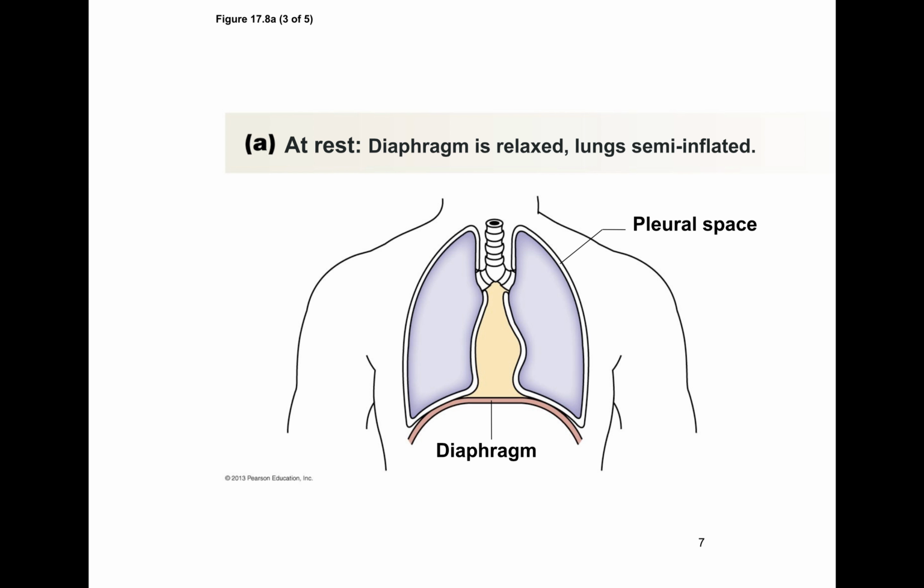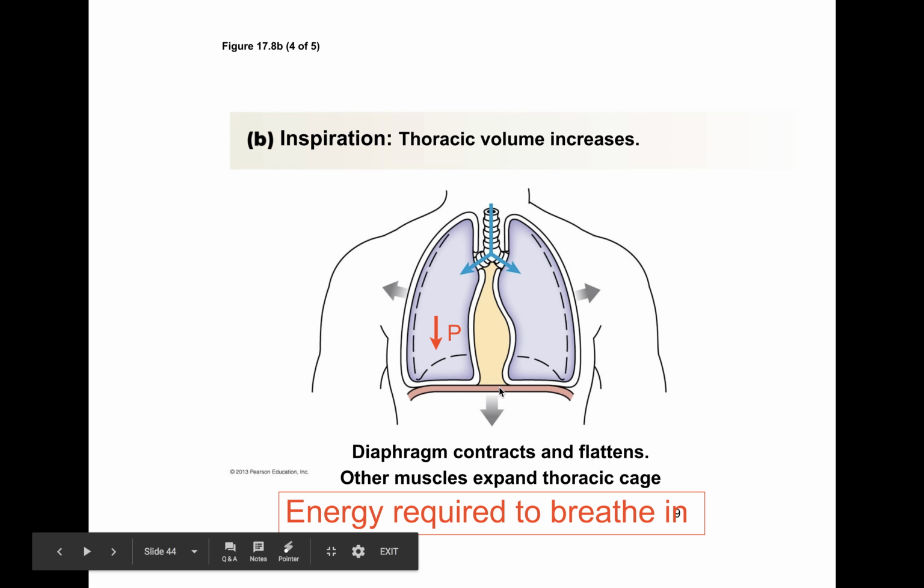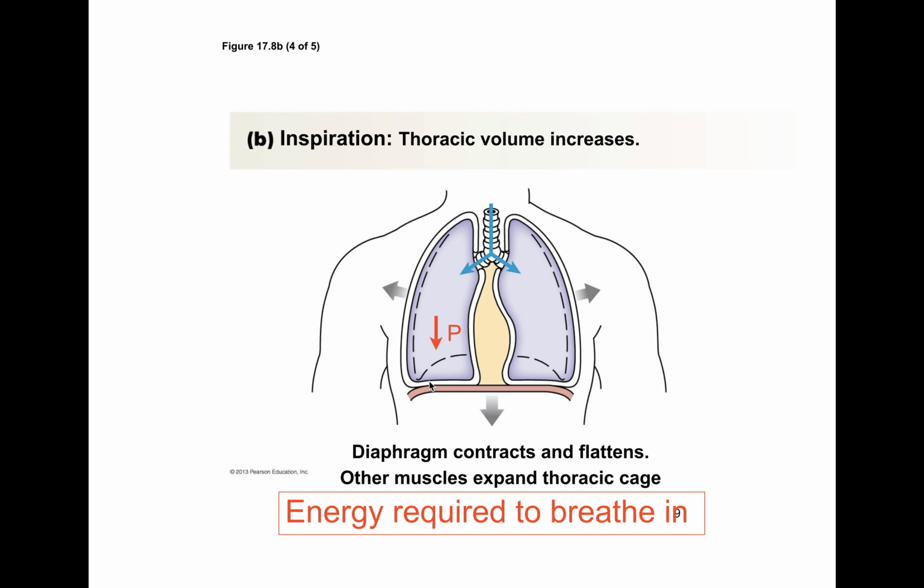So for example, let's say your diaphragm is relaxed, your lungs are being pushed on from the bottom. But if I contract my diaphragm, you'll notice that the diaphragm sits flat during contraction. But because of the pleural fluid connection, the lungs get pulled down as well.